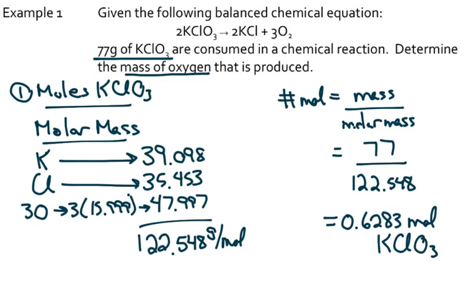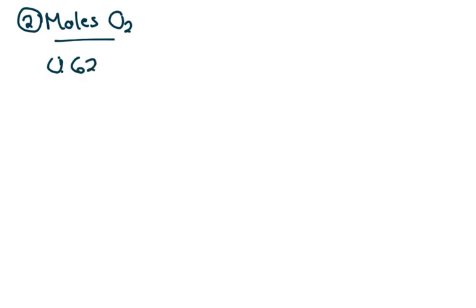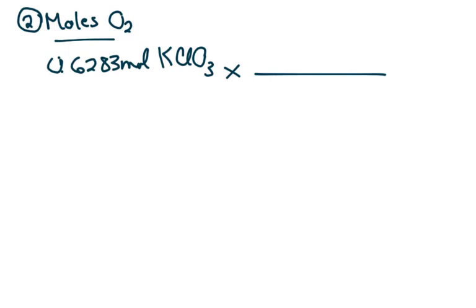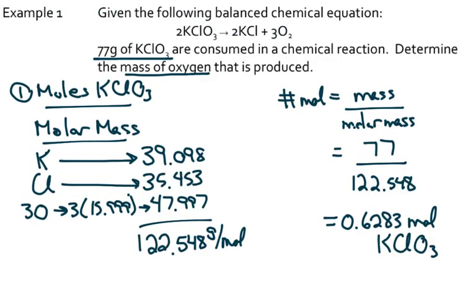So now, once we know the number of moles of KClO3, we can determine how many moles of oxygen will be produced. And to do that, we take our 0.6283 moles of KClO3. We need to multiply by what's called the mole ratio, which is basically the coefficients from the chemical equation. So looking back, we're looking at KClO3 and O2.